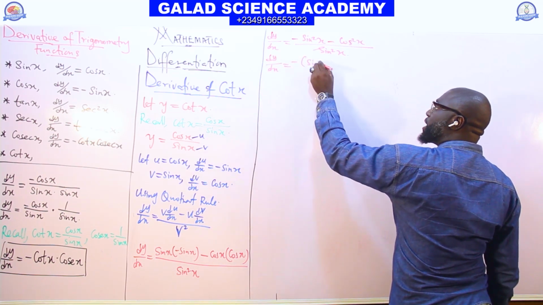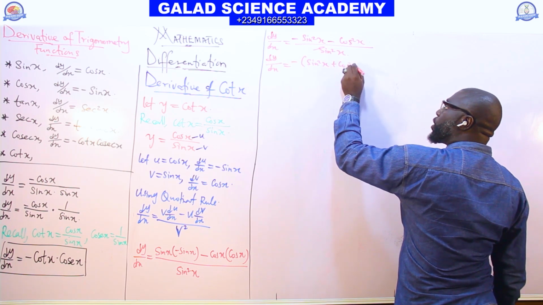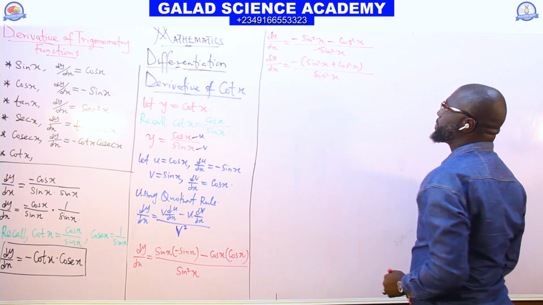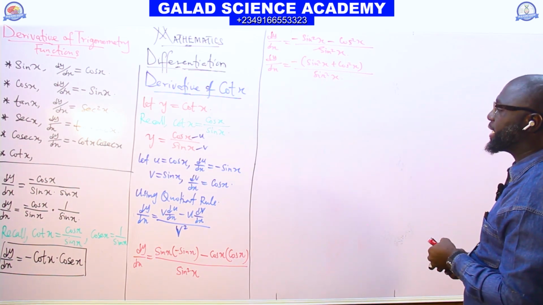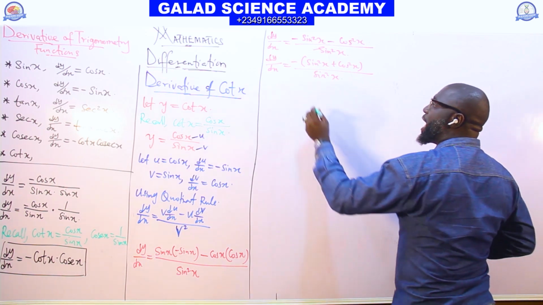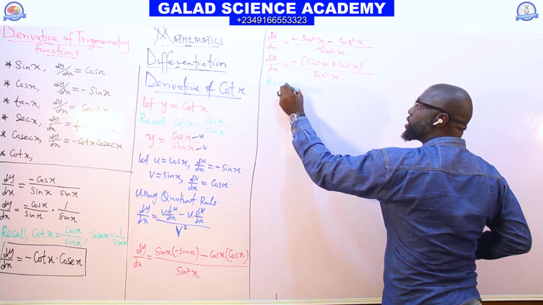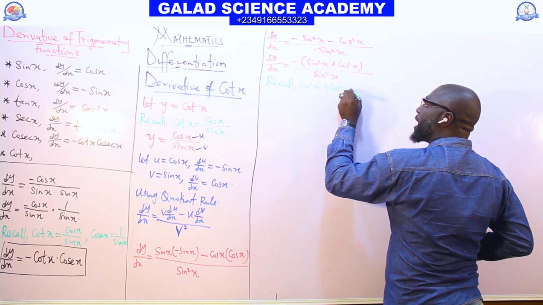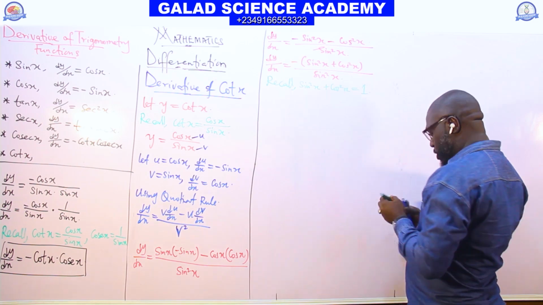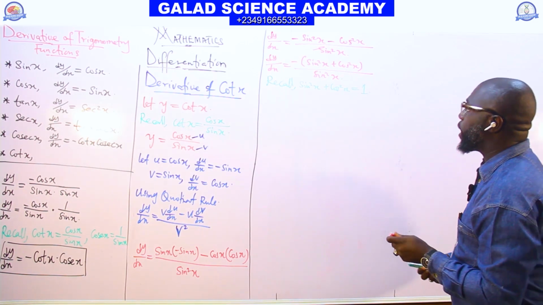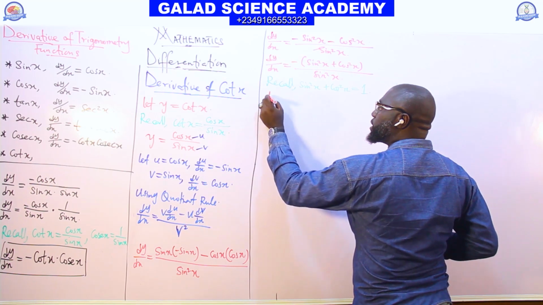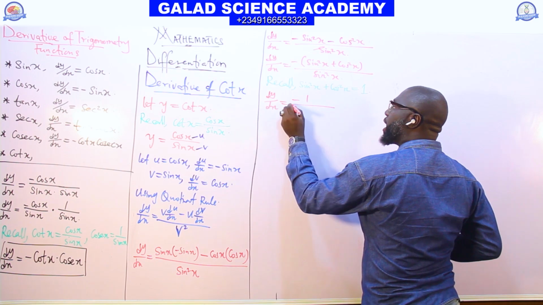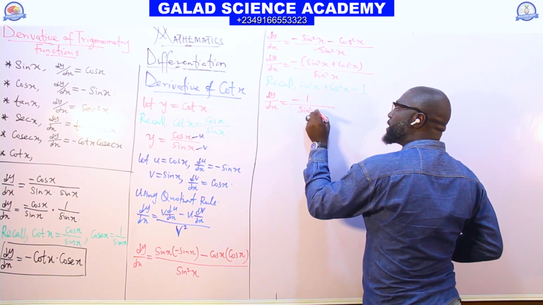We have sine squared x plus cos squared x, everything over sine squared x. Do you remember that sine squared x plus cos squared x equals 1? So dy/dx equals minus 1 over sine squared x.